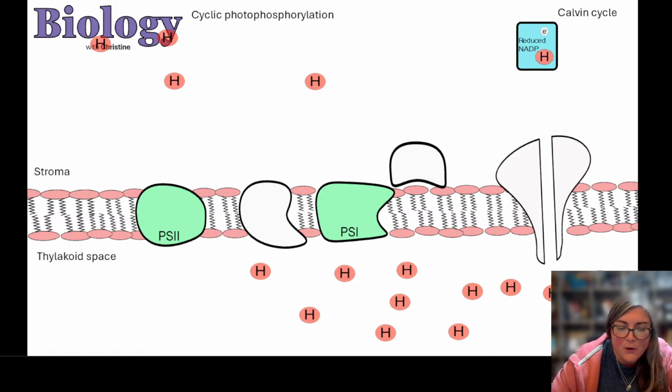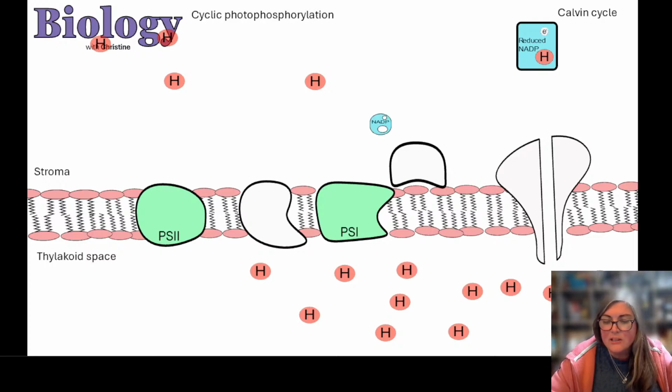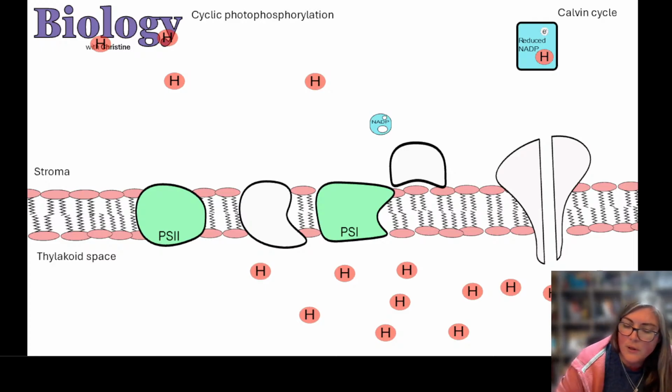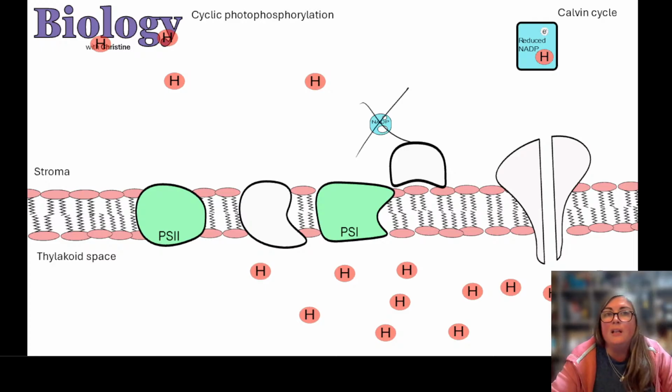So remember, on our last one, we had an oxidized NADP coming in, and that would then accept the electrons. Well, there isn't an oxidized NADP available this time, so I'll note on here that it is not available.